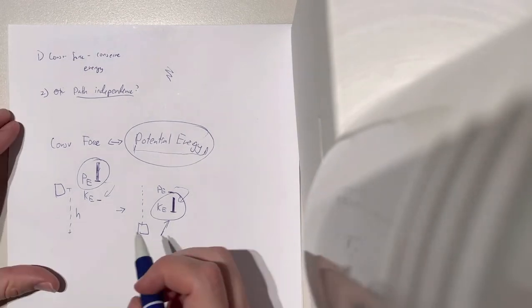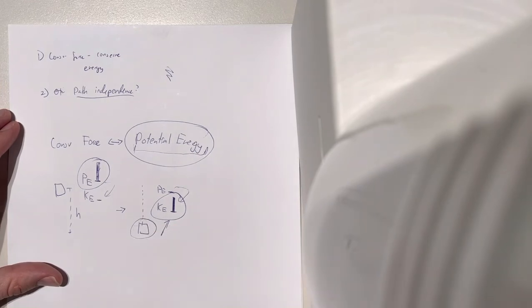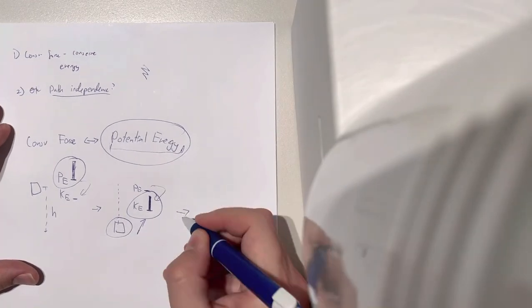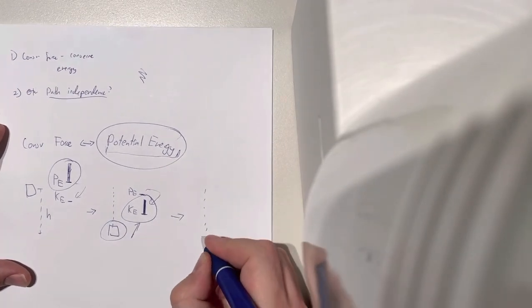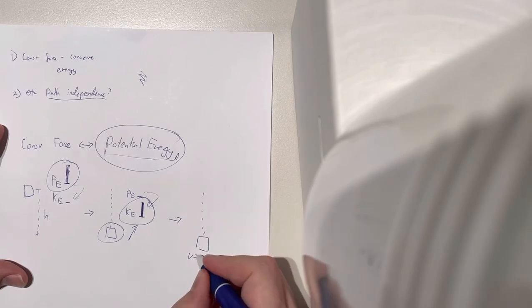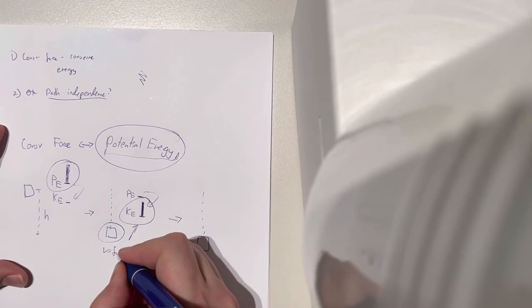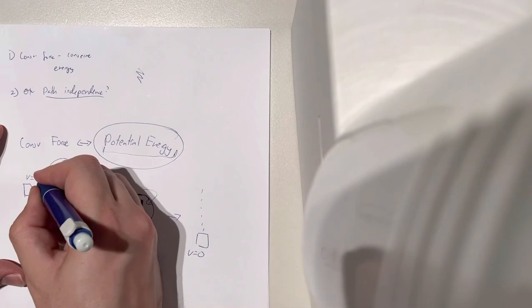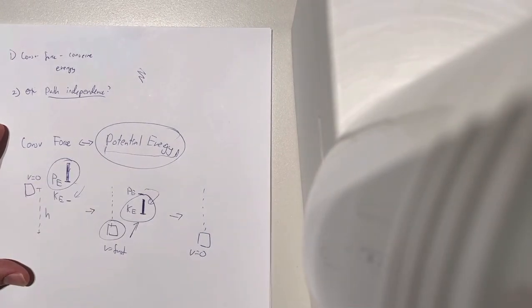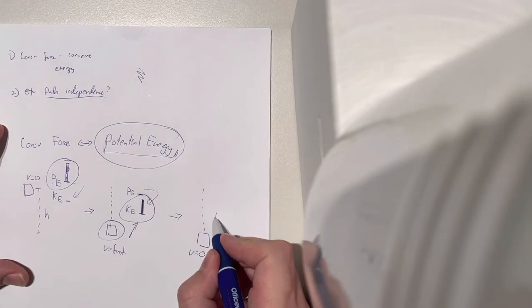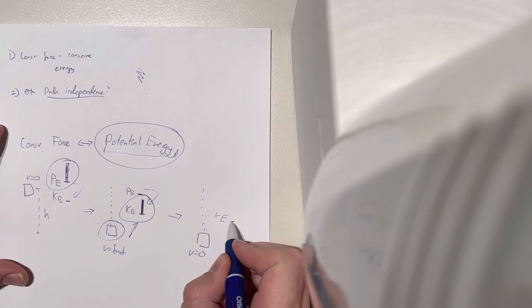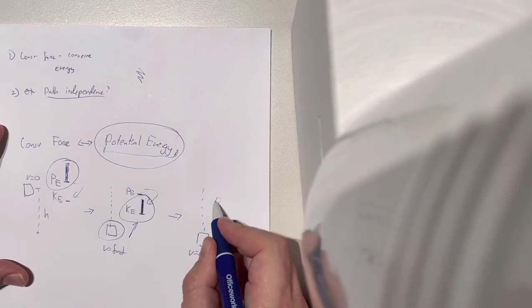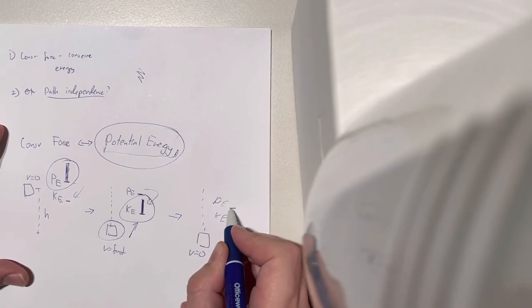It's entirely possible for someone to catch this ball and leave it in a third state where the object is at the bottom, but also at a velocity of 0. So this was some fast velocity, and this was velocity equals 0. Here it will have a kinetic energy of nothing and a potential energy of nothing.